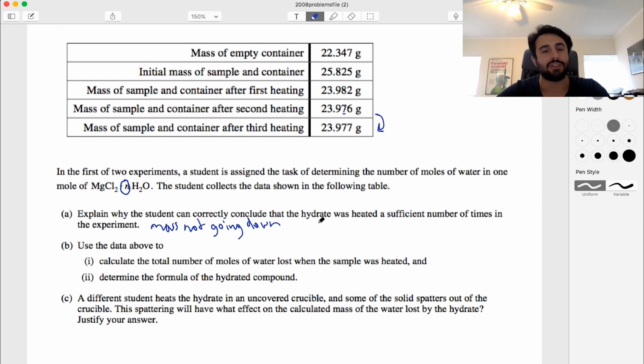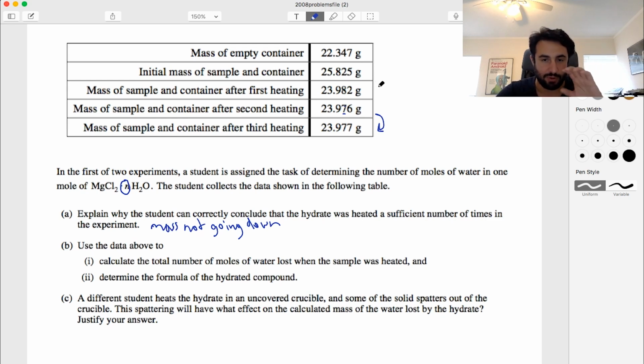Now let's do our calculation. So we want to calculate the total number of moles of water lost when the sample was heated, and then determine the formula of the hydrated compound. So how are we going to do this? Well, we need to figure out the mass of water that was lost. So we are going to take this one here, initial mass of sample and container. So that's the hydrate.